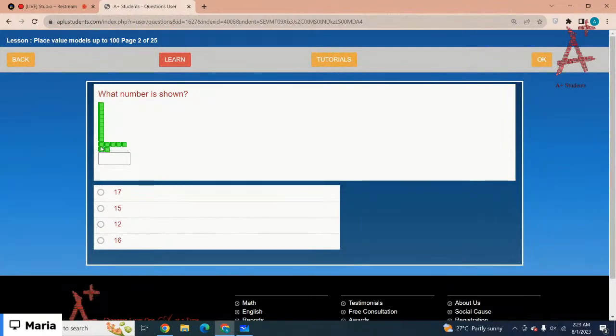Just count the separate squares, the one squares. One, two, three, four, five, six, seven. So seven ones and one ten. So it makes 17. The correct option is 17.